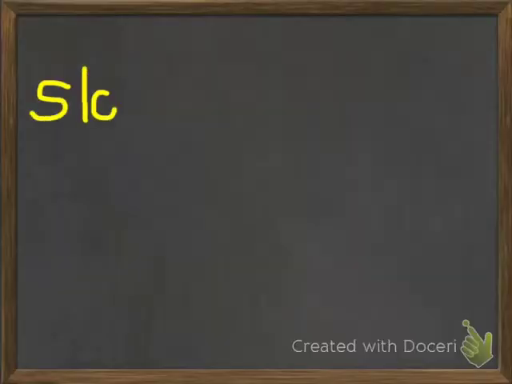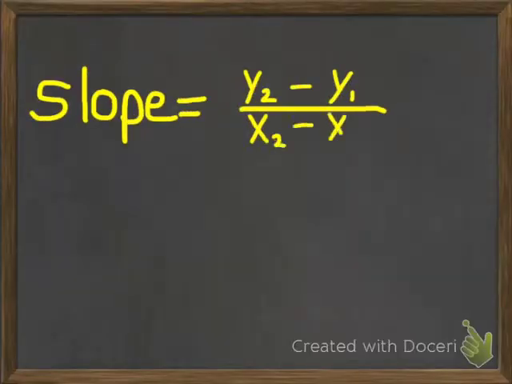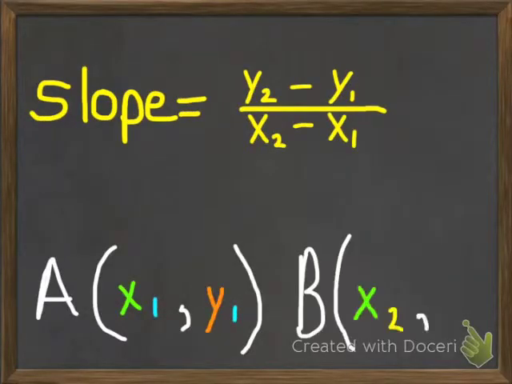But there's another way we can also find slope, and that is using the slope formula. You would use this in a case where you don't want to graph a line, or you're just given the points. An example of this would be if you're given point A and point B. In this equation, we take the y-coordinate, or y2, and subtract the y-coordinate of another point, or y1.